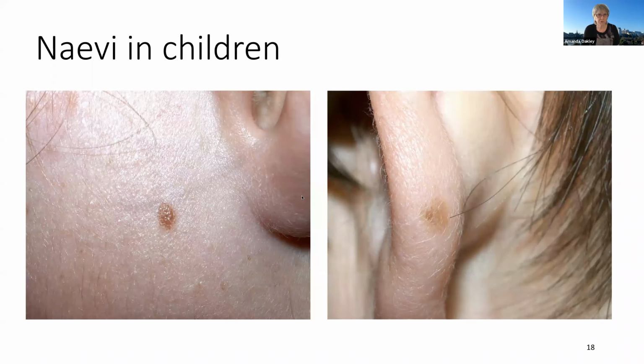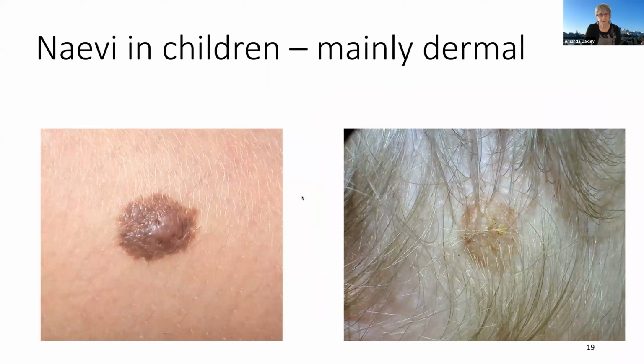So nevi in children are generally unnoticed and small, but when parents notice them appear, they may express concern. They tend to be bumpy over time, starting flat and becoming increasingly bumpy, and some of them may look rather unusual. So knowing that a nevus is present in childhood is important.